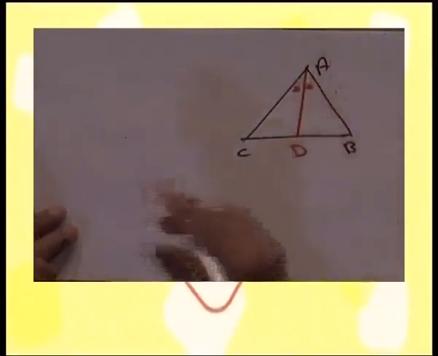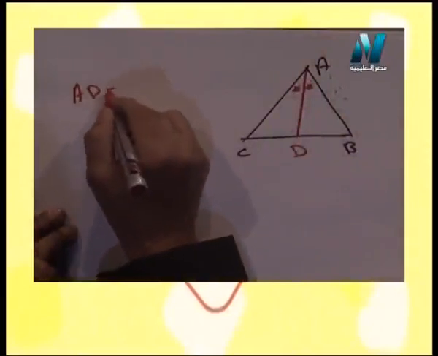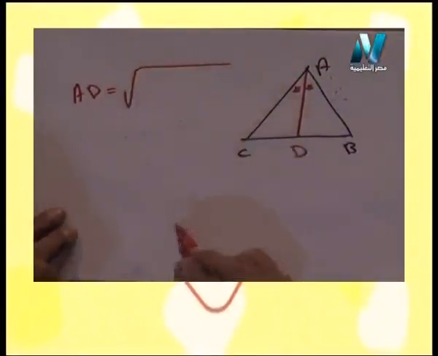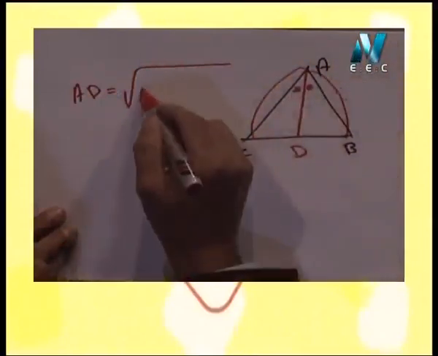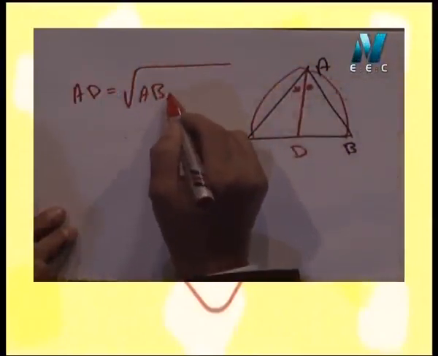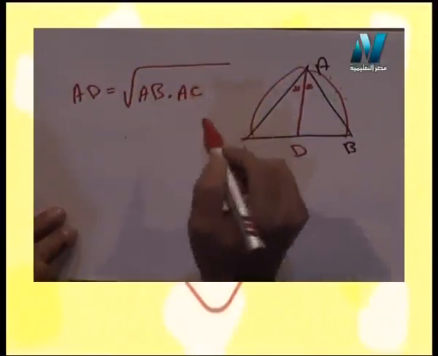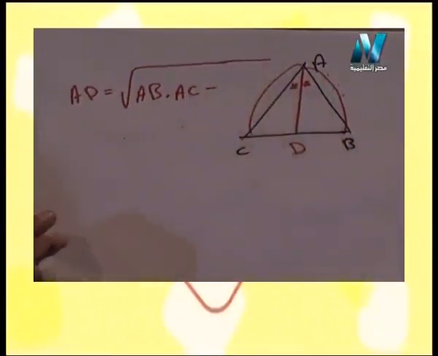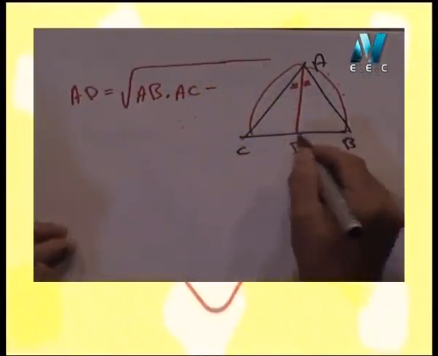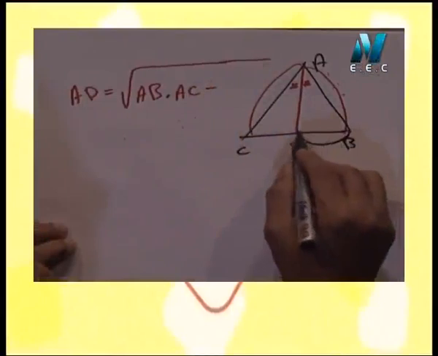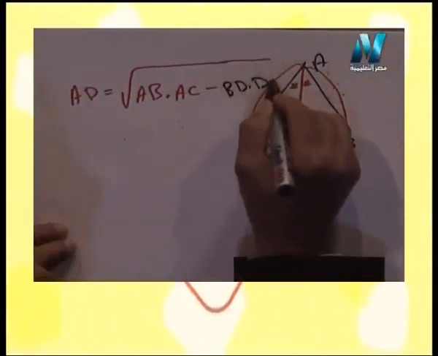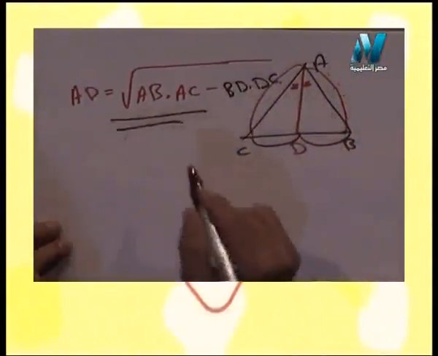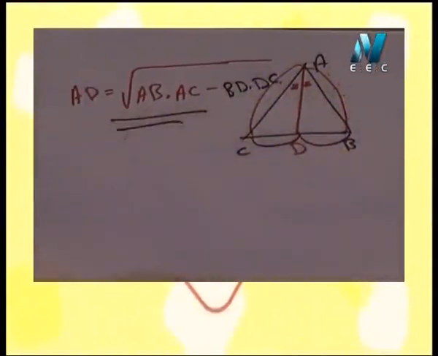Okay, AD here equals what? Equals the square root of AB multiplied by AC, minus what? BD times DC.